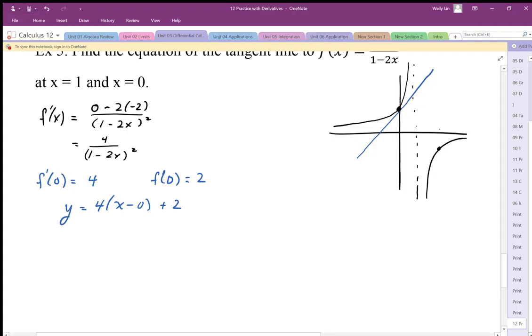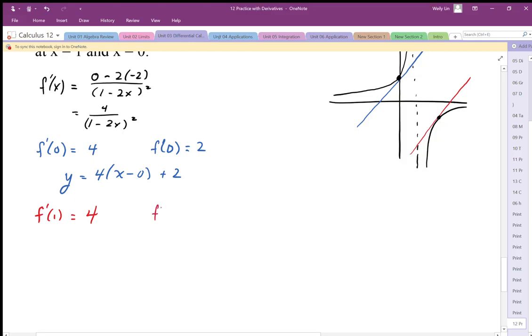The point at x equals 1, we're going to have a tangent line here. At x equals 1, we need to calculate the slope at 1. Plugging into my slope formula, I get 1 minus 2 squared, so it has the same slope of 4. So it is symmetrical across that point, so it's going to have symmetrical slope.